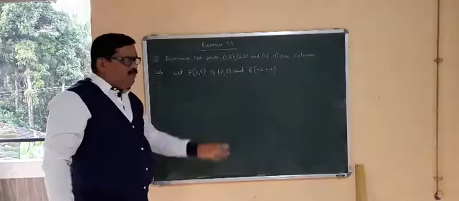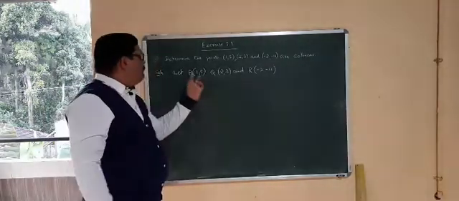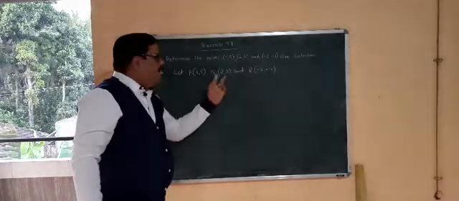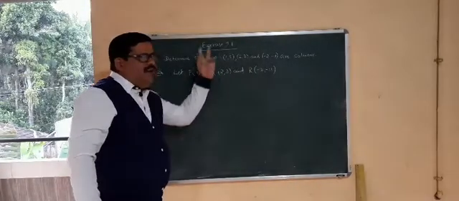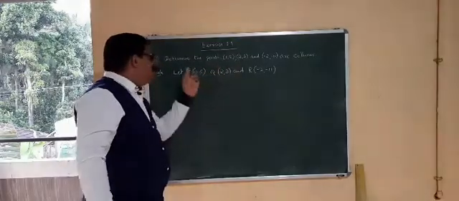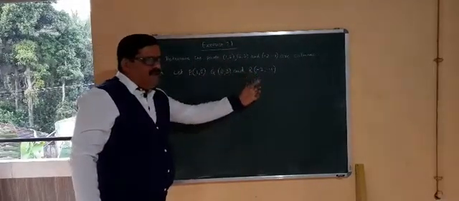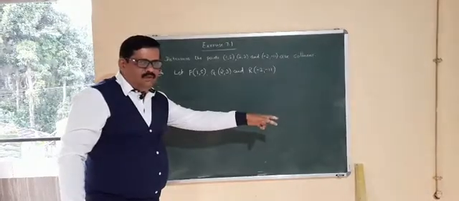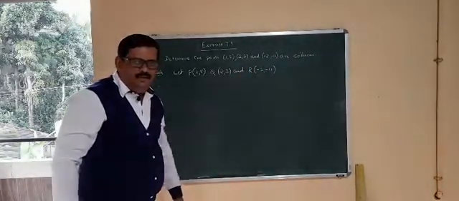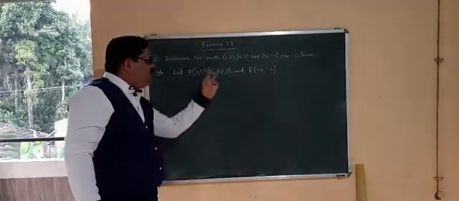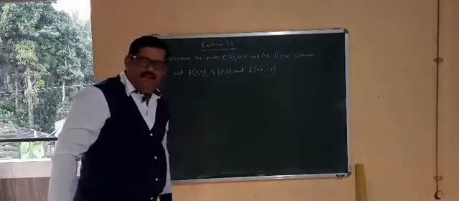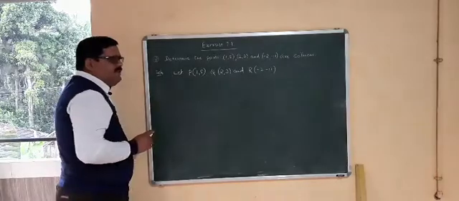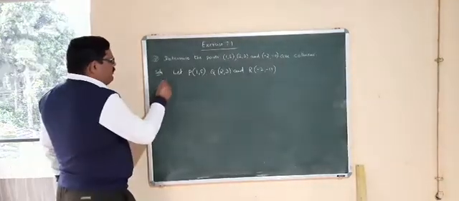If the sum of any two distances, for example PQ and QR, is equal to PR, then they are collinear. If the sum is not equal to the third side, then they are not collinear. So for this purpose we have to use the distance formula.